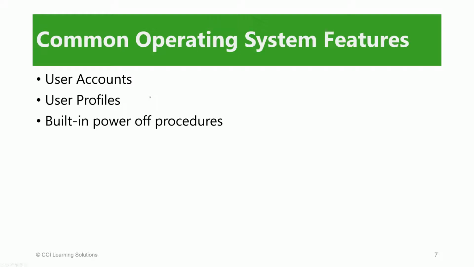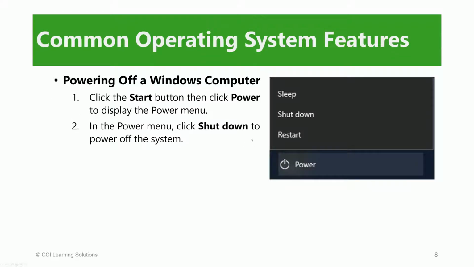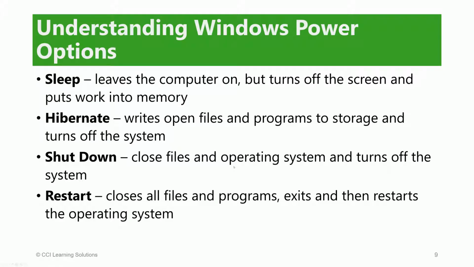Now, operating system features. They have user accounts, user profiles, and built-in power-off procedures. When powering off a Windows computer, you can click the start button, then click the power button to display the power menu, and in the power menu you can click shut down to turn off the system. Within that menu there are a few other items: sleep, hibernate, restart, and of course shut down.